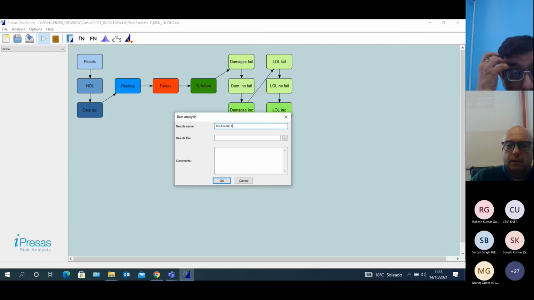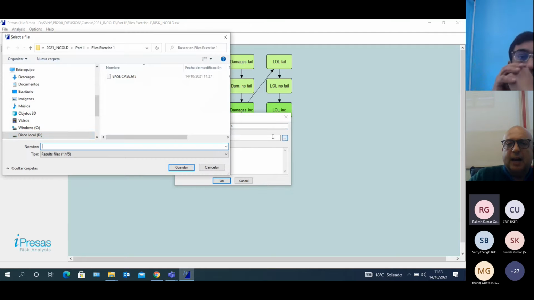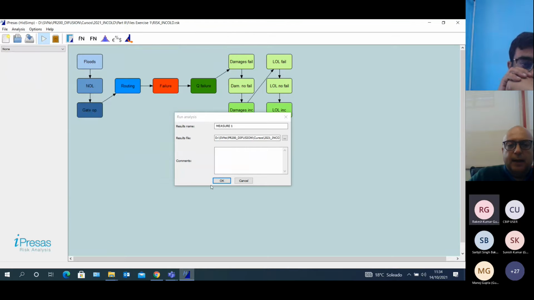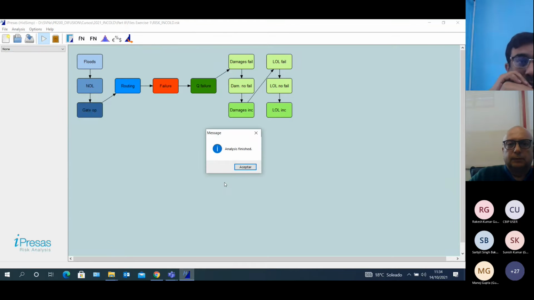1. When we save the file, we call it measure 1. And then we run it. Done. Then what happens?